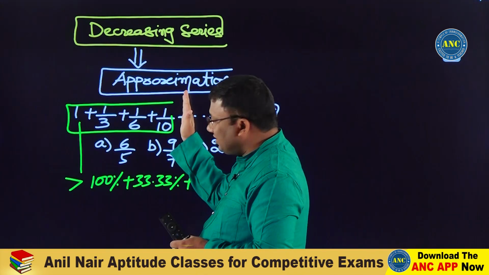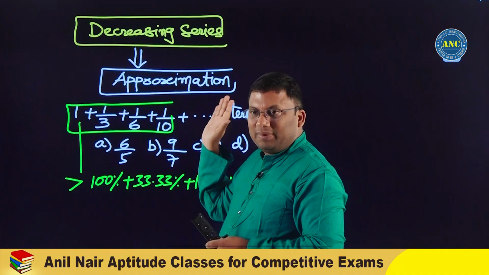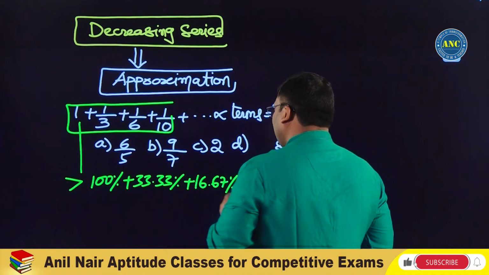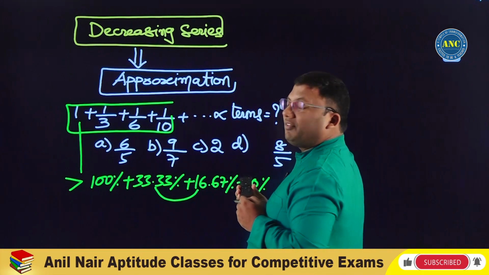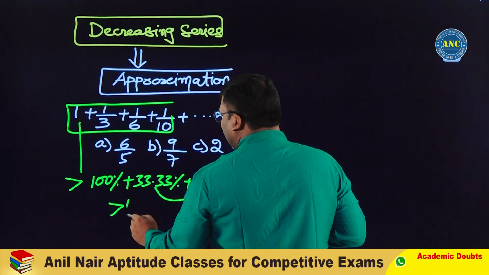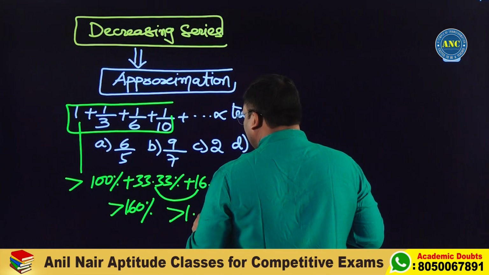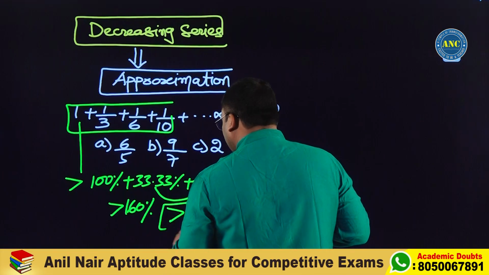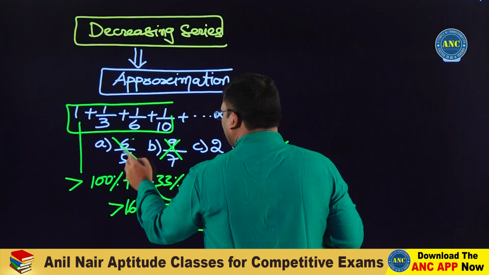That means the answer will be greater than this value. 16.67 plus 33.33 is 50%. 50 plus 10 is 60. Answer is greater than 160%. The answer should be greater than 1.6. So the other options cannot be the answer.